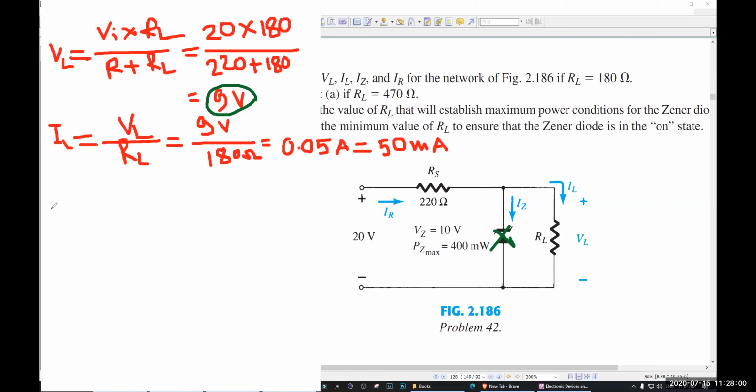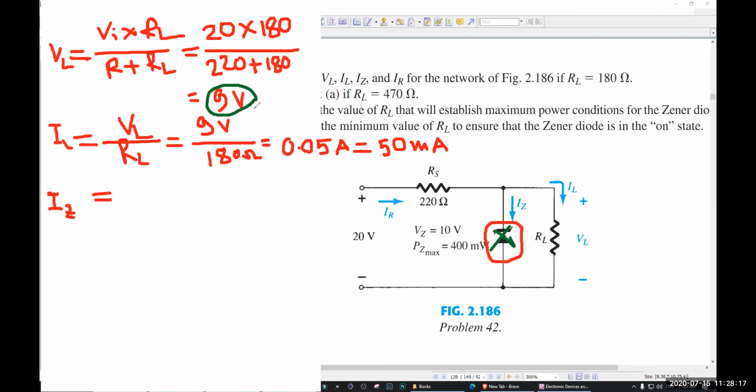Now you have to find IZ, the Zener current. The Zener diode is off. Why?